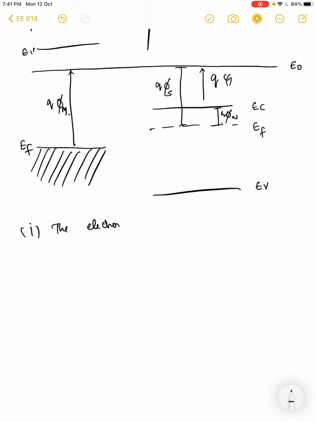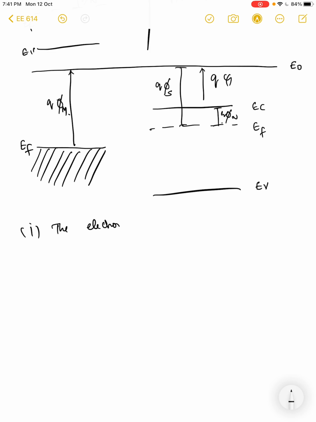They are all material parameters, and they remain constant. So what it means is this chi s remains constant. The energy difference between the vacuum level and the conduction band remains constant at all places in the semiconductor, irrespective of its proximity to a metal or a semiconductor.